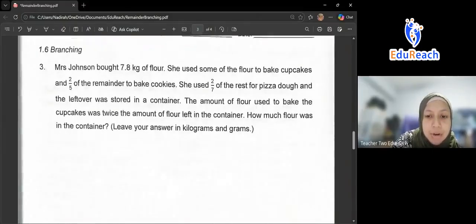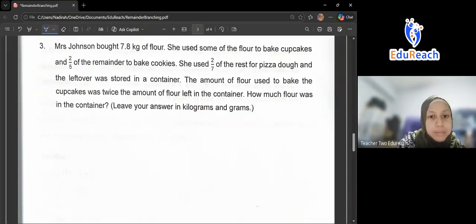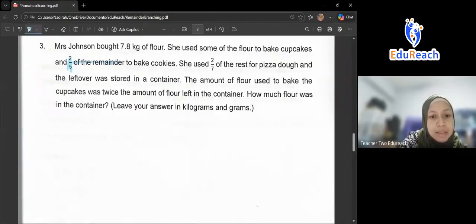So number 3 on the next page. Mrs. Johnson bought 7.8 kilograms of flour. She used some of the flour to bake cupcakes and 2/5 of the remainder to bake cookies. She used 2/7 of the rest to make pizza dough and the leftover was stored in a container.